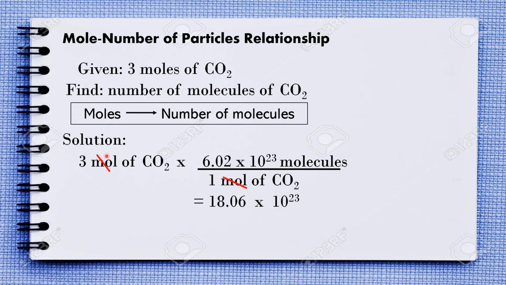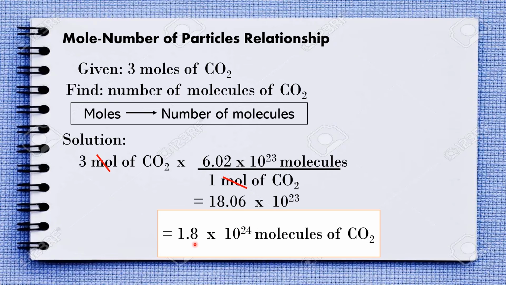So 3 times 6.02 is 18.06. Take note, class, that you need 1 decimal place only, so we need to move 1 decimal place going to the left, so it will become 1.8 times 10. So you move 1 decimal point, so you add 1 on your exponent, so it will become 24 molecules of carbon dioxide.